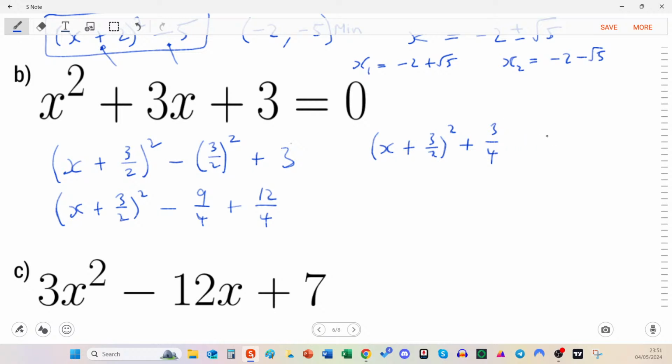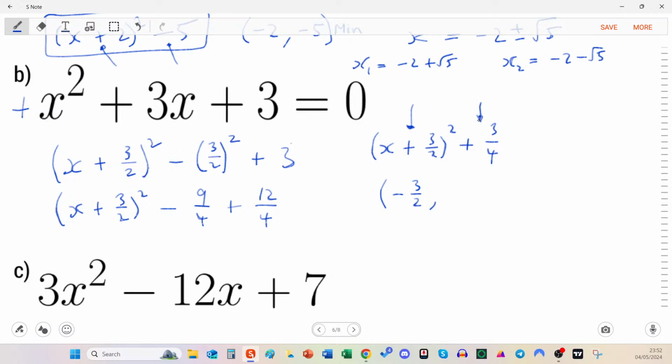So it's not about solving this, but it's still possible to find the vertex. Note that this is a positive x squared, so it's going to look like a smile. So where's that minimum point? Well, let's get rid of that for now till we know where it is. As I said, we go inside the bracket and make it negative, so it's at negative 3 over 2.